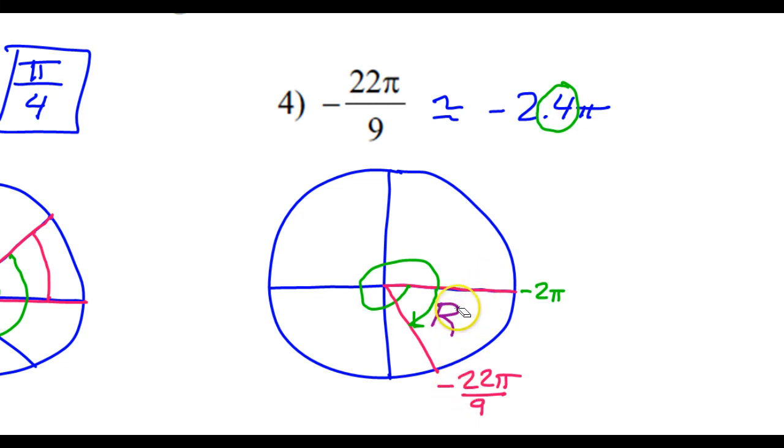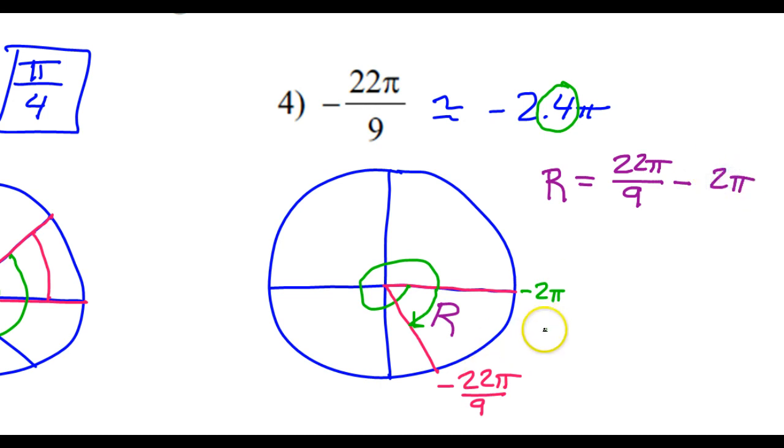Anyway, the reference angle is the gap between these two. So to find how big it is, I need to subtract. At this point I can really ignore the signs if I want to, and just do 22 pi over 9 minus 2 pi.